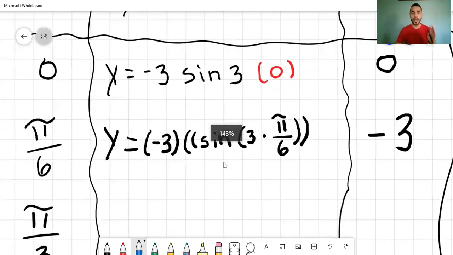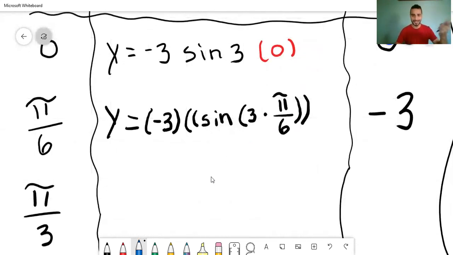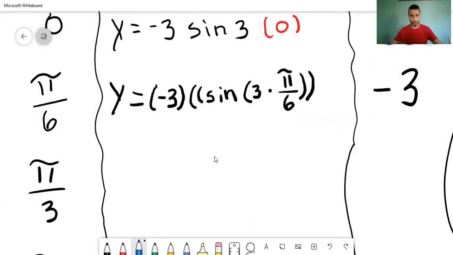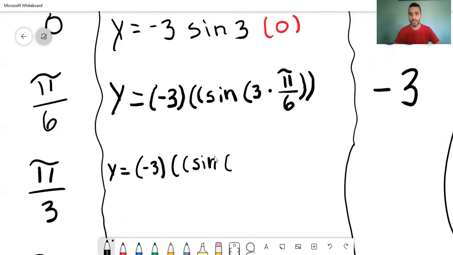Good. And we repeat the process with the next X value, which is pi over 3. So I want you guys to do it with me. Y is equal to, I open a parenthesis, -3 times double parenthesis, sine, parenthesis, 3 times pi over 3, and I close double parentheses.